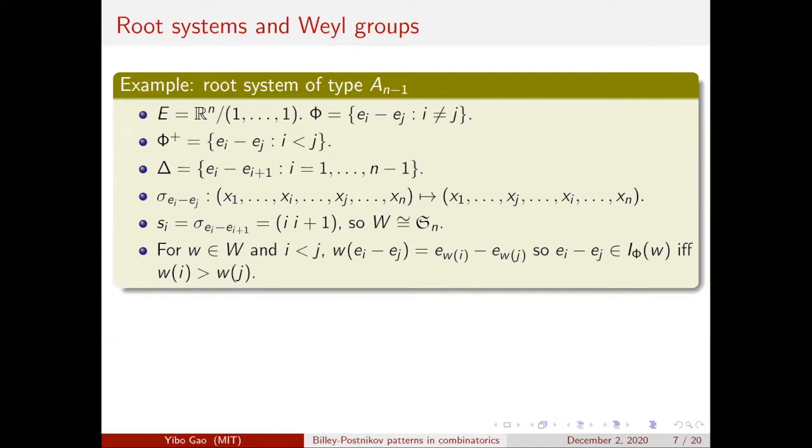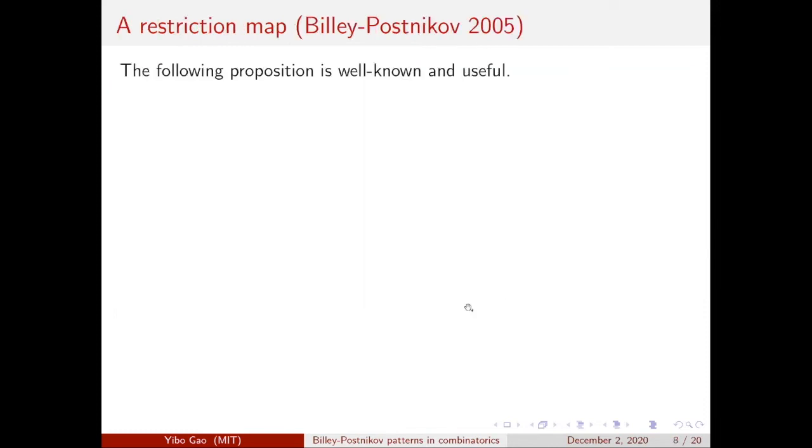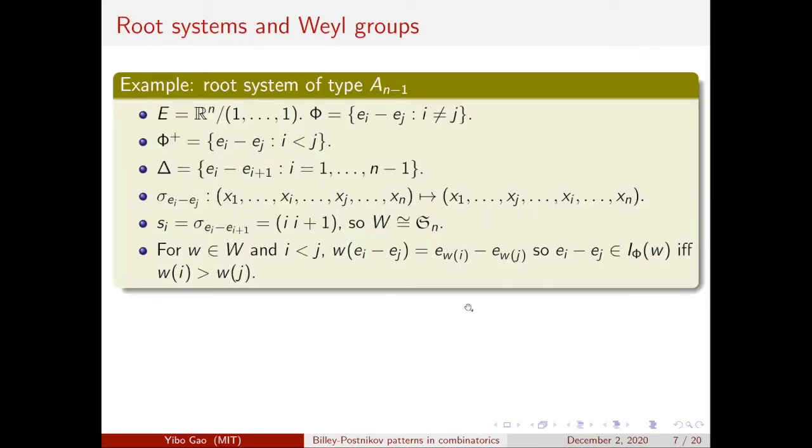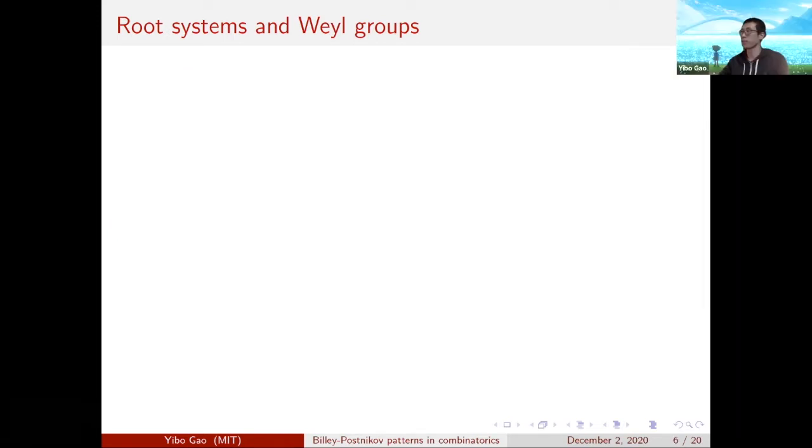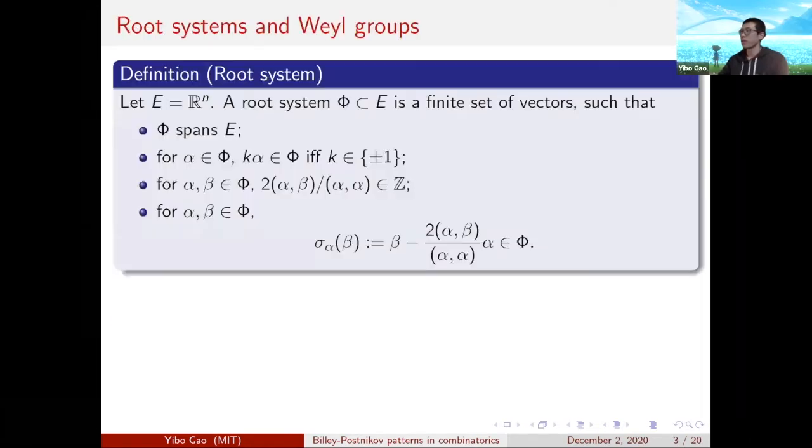So the reflection sends the element in question to its negative and fixes its opposing hyperplane, right? When I have alpha, I have a hyperplane that's perpendicular to alpha. Oh, I see.